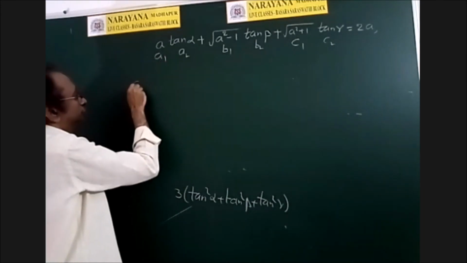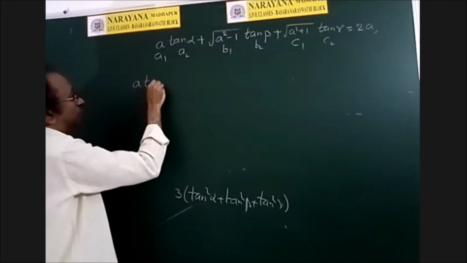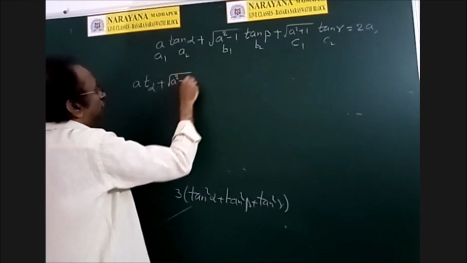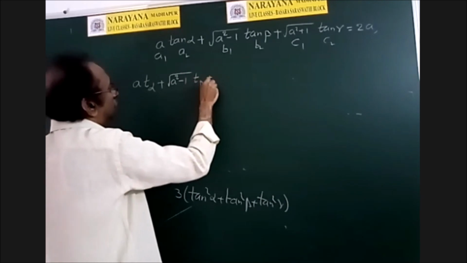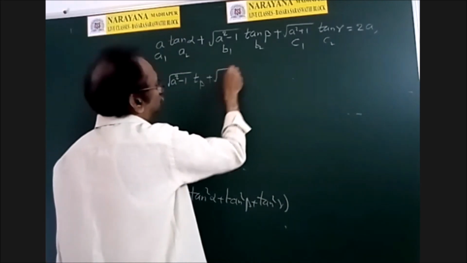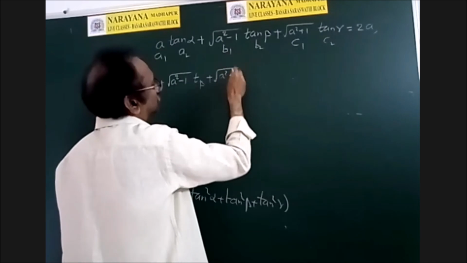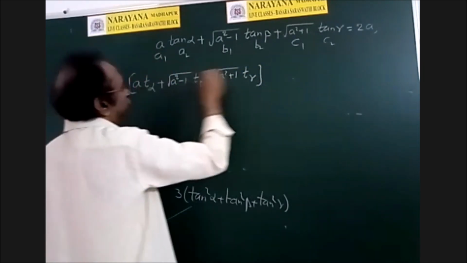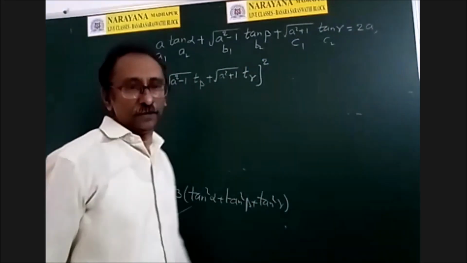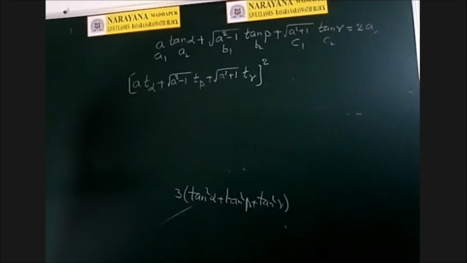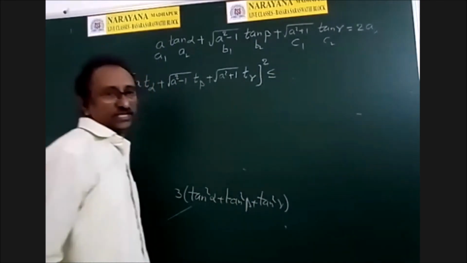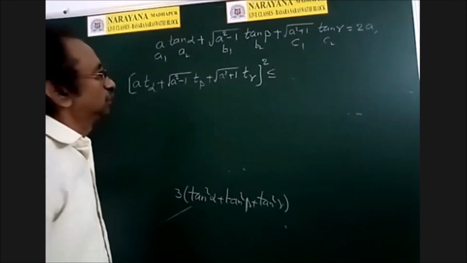A1 A2, that is A tan alpha, plus B1 B2, root A square minus 1 into tan beta, plus C1 C2, root A square plus 1 into tan gamma, whole square. Less than or equal to what? By the Cauchy-Schwarz inequality, this is less than or equal to what?